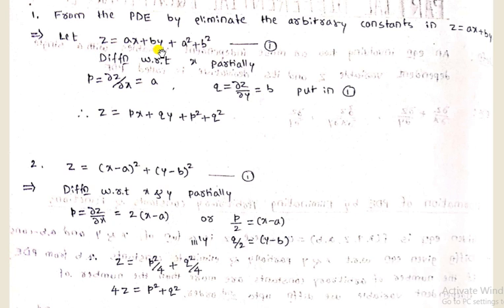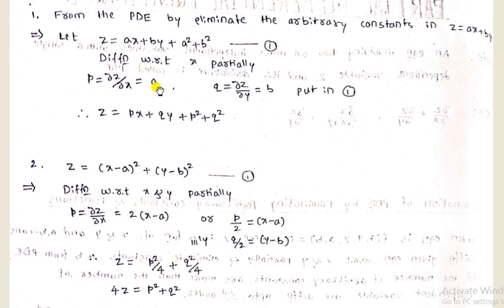Now differentiate equation number 1 again with respect to y partially, treating x as constant. The differentiation of z with respect to y becomes ∂z/∂y, denoted as q. The differentiation of ax is 0, and a² and b² are also 0 because we are differentiating with respect to y. The differentiation of by becomes b.